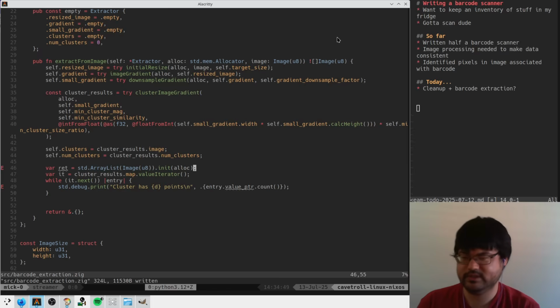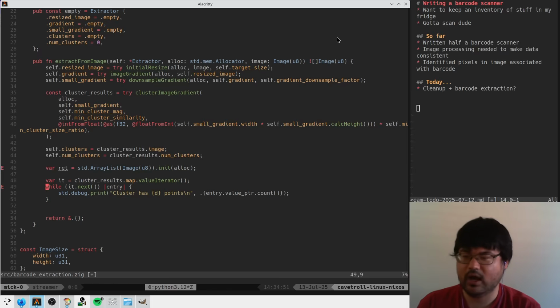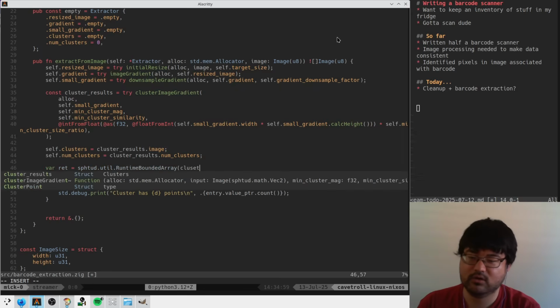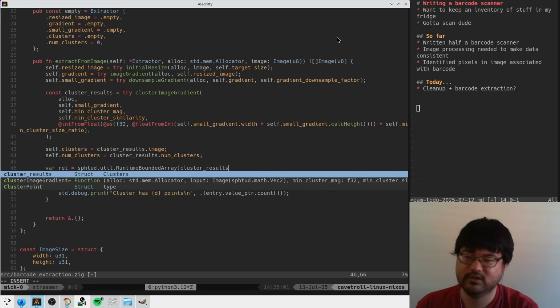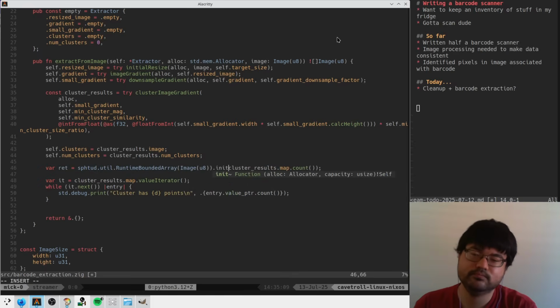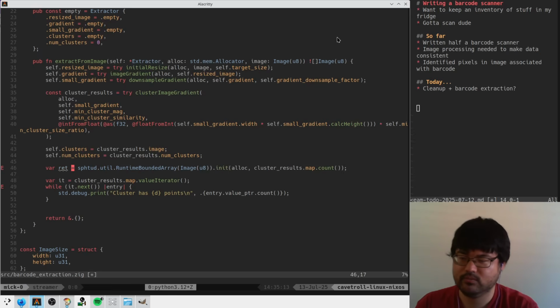And for each of these, we know exactly how large this is going to be too, because it comes out of the cluster results map count. So this is just going to be return ret items, boom.